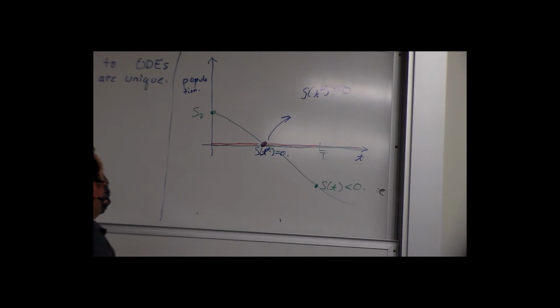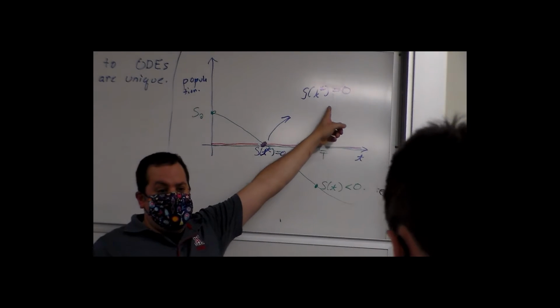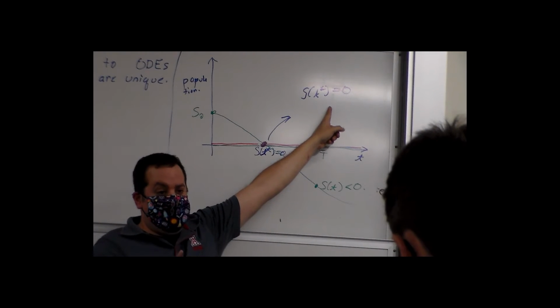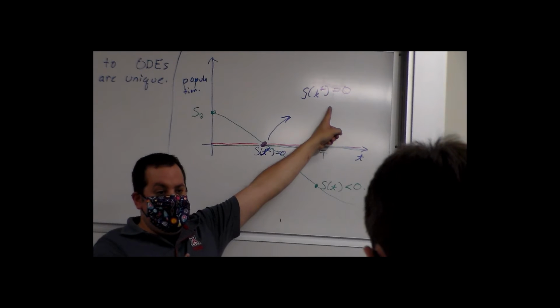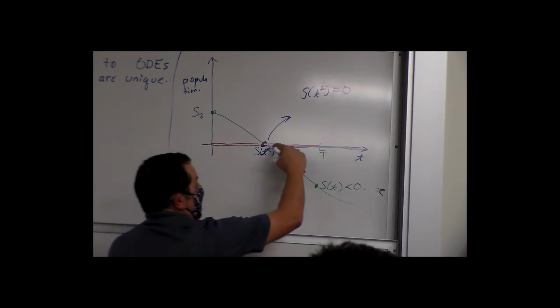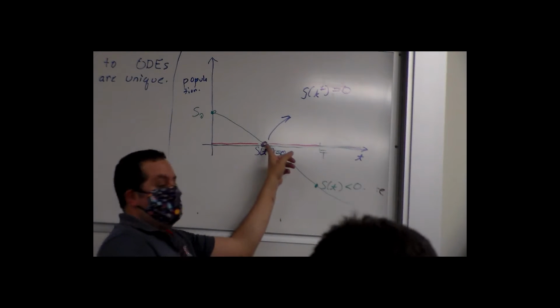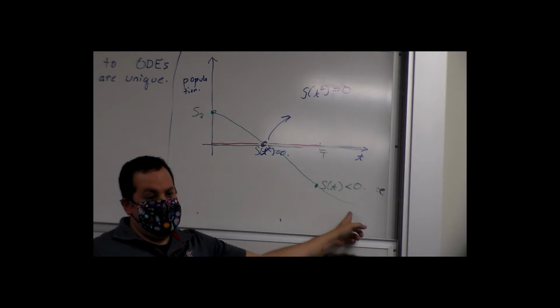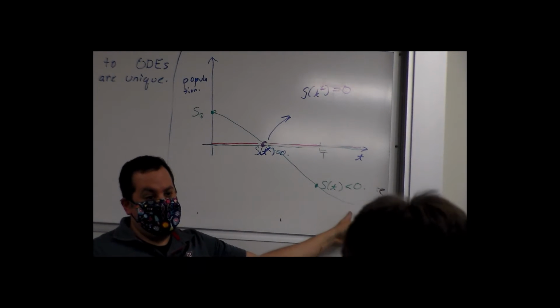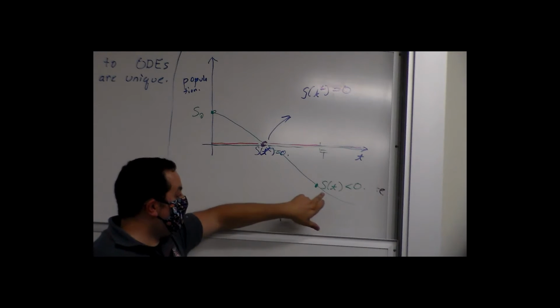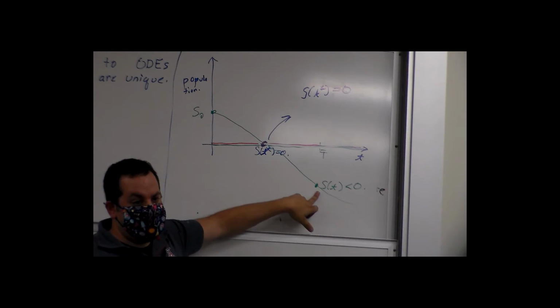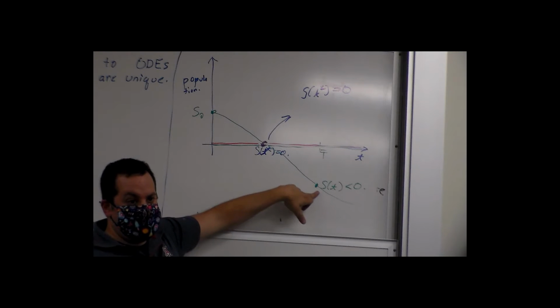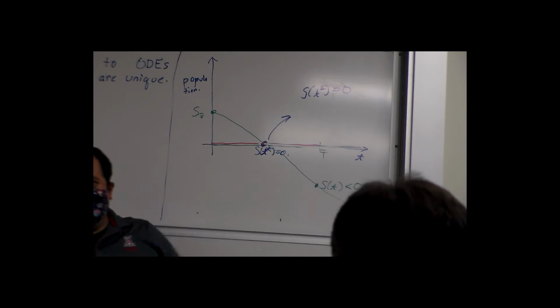And by existence and uniqueness, if I give you some initial condition, you should only get one solution. But there are two solutions. There's the one that stays constant, and then there's the one that I'm saying should go negative. And that just can't happen. So the contradiction was assuming that this thing went negative. Okay, that makes sense. Good.